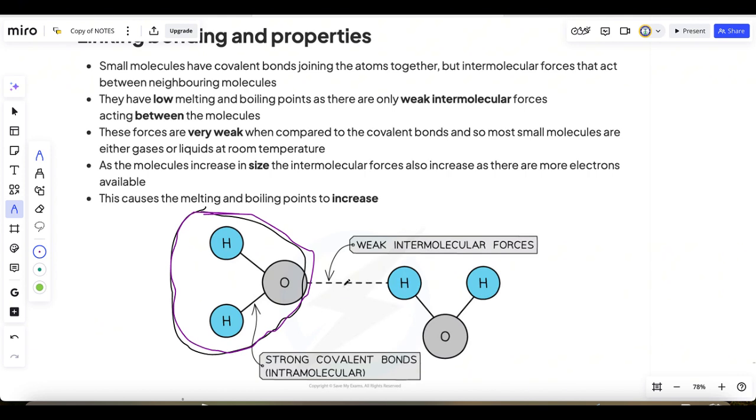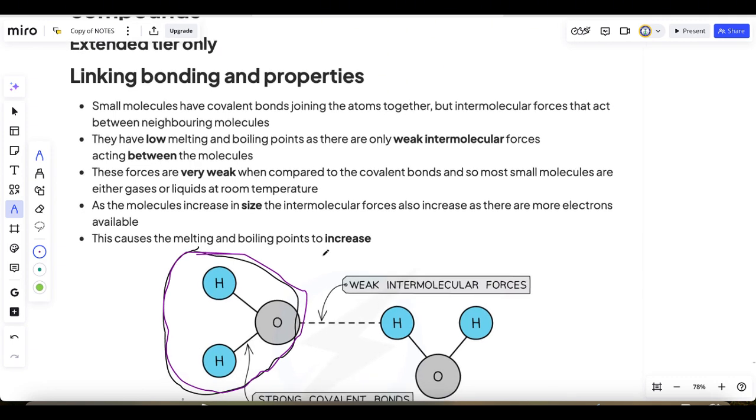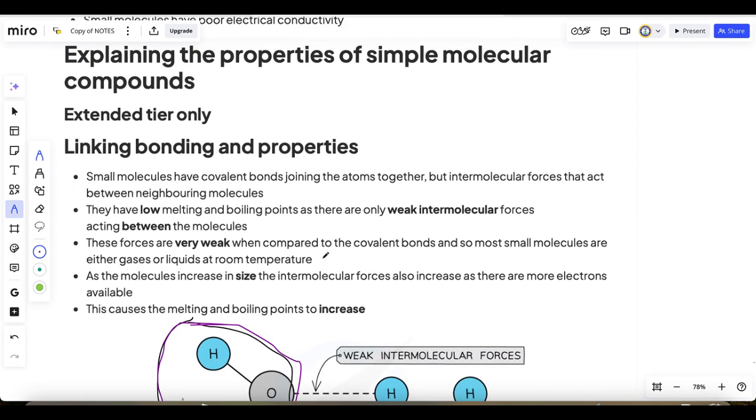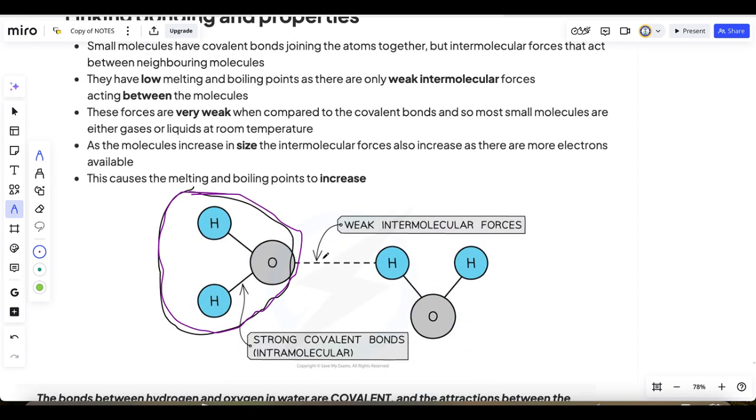So if they ask you in the exam why covalent compounds have low melting point, it is because of the weak intermolecular forces. Not the bond. The bond is not weak. The bond within each link is a strong covalent bond.